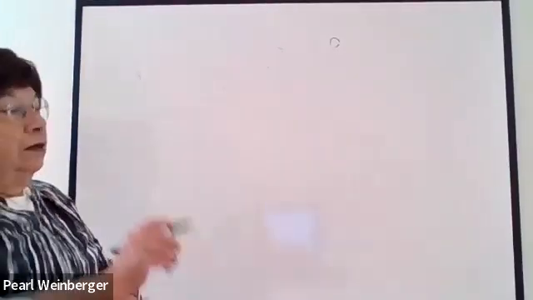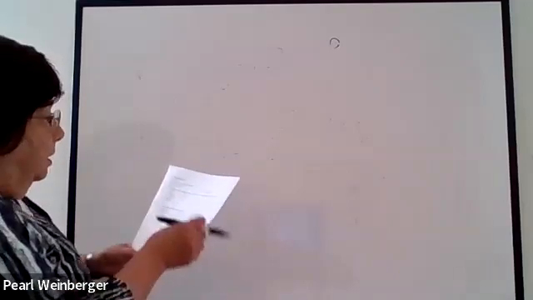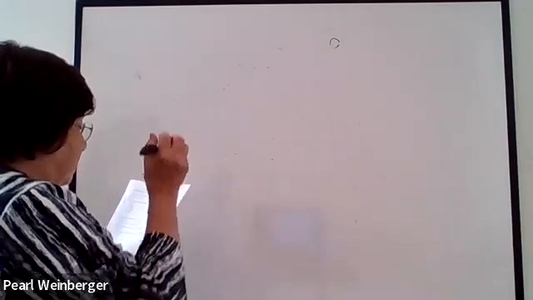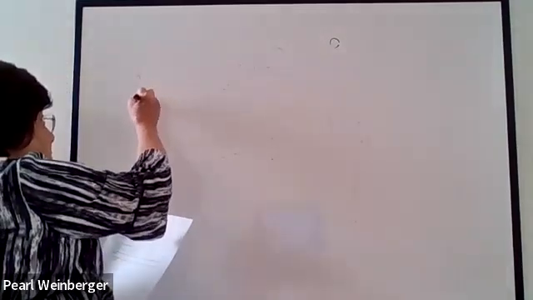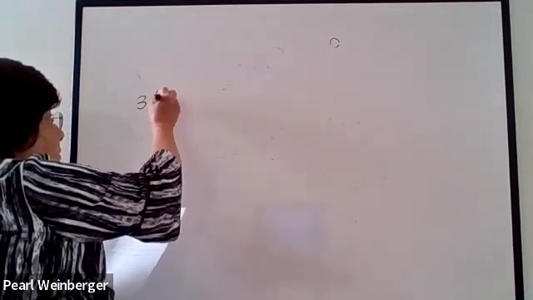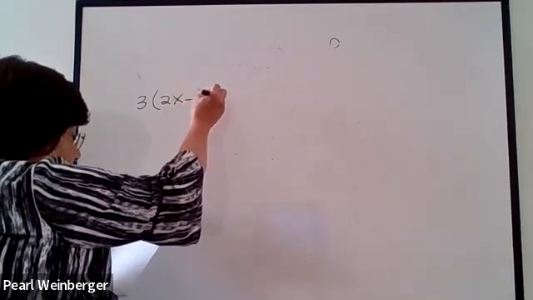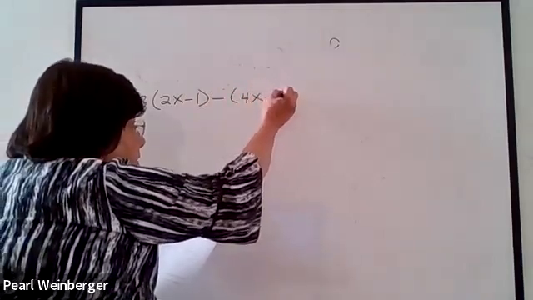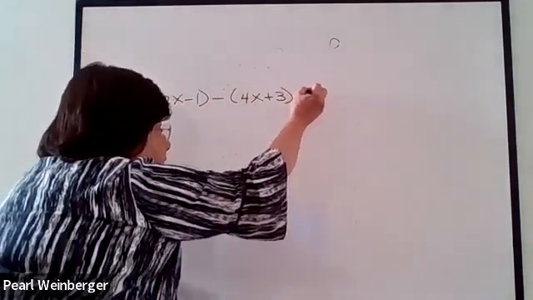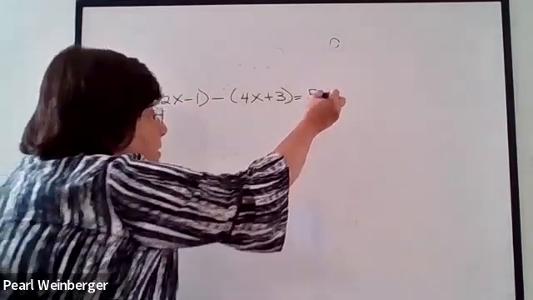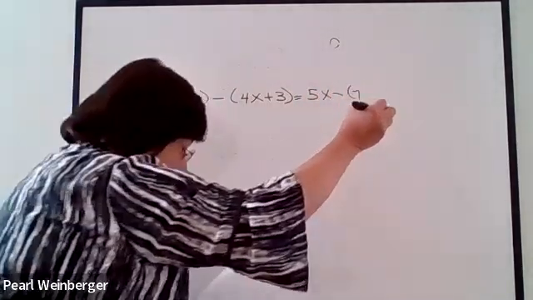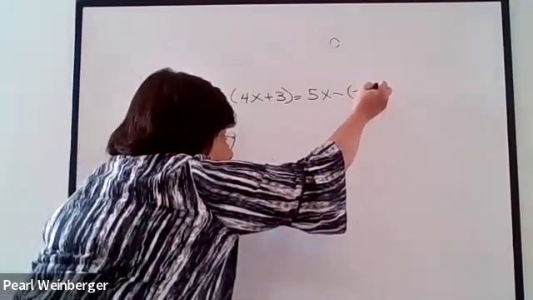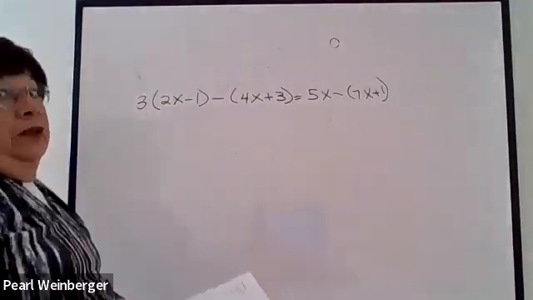Okay, all right, here's our next problem. I'm taking it off this sheet that said homework on it. Here it is. It's a really hard one. 3 times parentheses 2x minus 1, minus parentheses 4x plus 3, equals 5x minus parentheses 7x plus 1. I mean, we've really gone a long way.